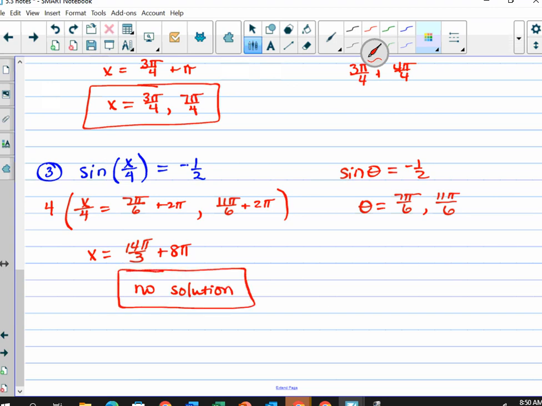Does that one make sense? So it's going to go over 8 pi, and that's not good. Too big. Beyond 2 pi. Do you guys see how there could have been one solution depending on what it was set equal to?